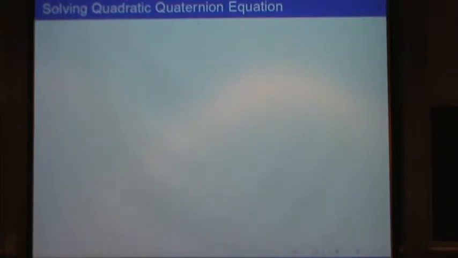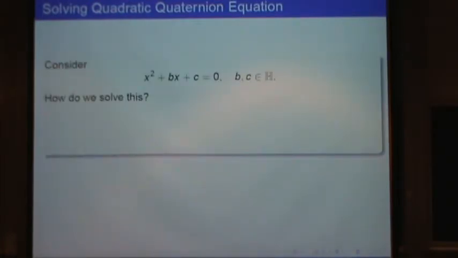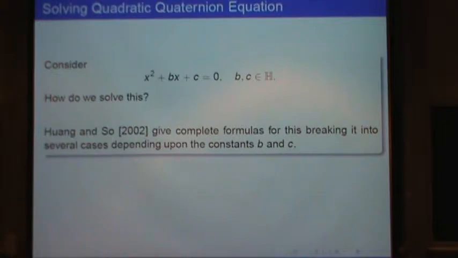Solving a quadratic equation. You take a look at a simple quadratic equation and you want to solve it over the quaternions. It's not so easy. In fact, I discovered an article which is dedicated entirely to considering different cases of B and C and giving a solution to that.